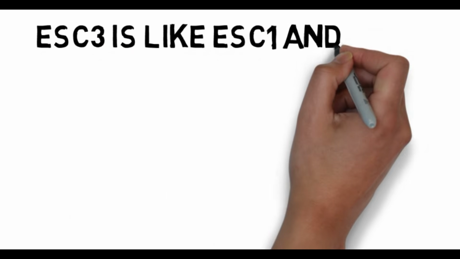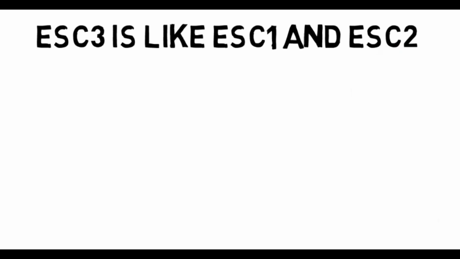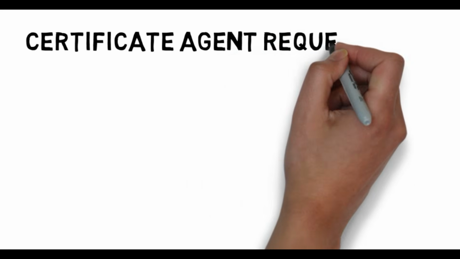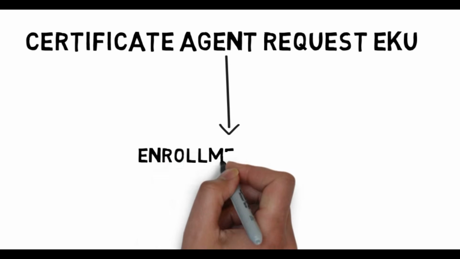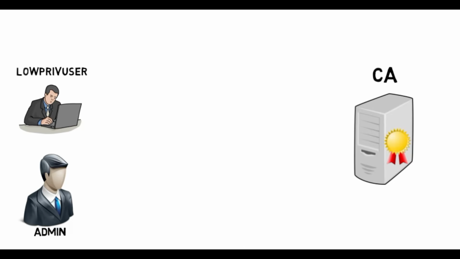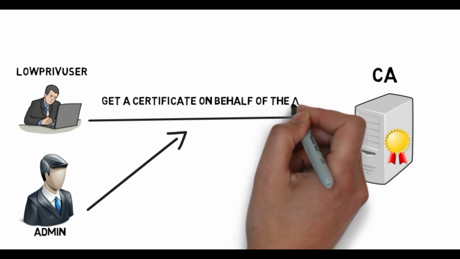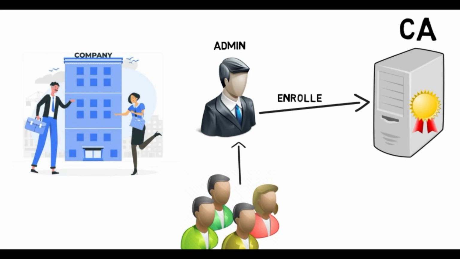ESC3 is kind of the same as ESC1 and ESC2, but we have a different EKU. The certificate request agent EKU, known as enrollment agent, allows an entity or a user to enroll for a certificate on behalf of another user. And that's very common in enterprise environments. Sometimes you need an administrator, for example, to enroll a cert on behalf of a new employee so he can authenticate.